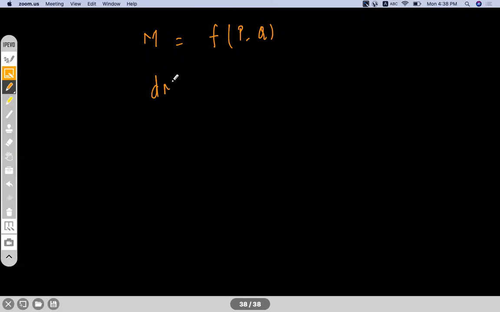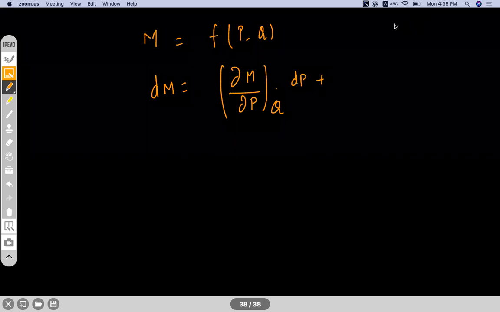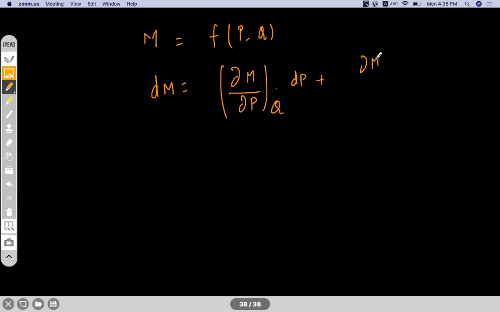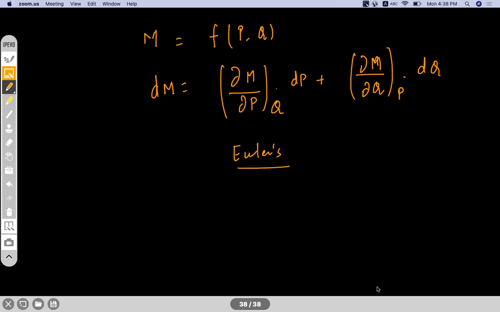We can find dm is equal to (∂m/∂p), the partial derivative of m with respect to p keeping q constant, into dp, plus (∂m/∂q), differentiating with respect to q keeping p constant, into dq. This is Euler's formula. Don't need to know.